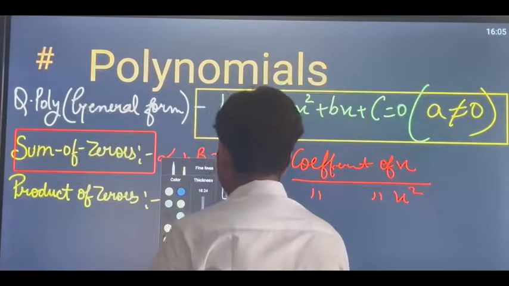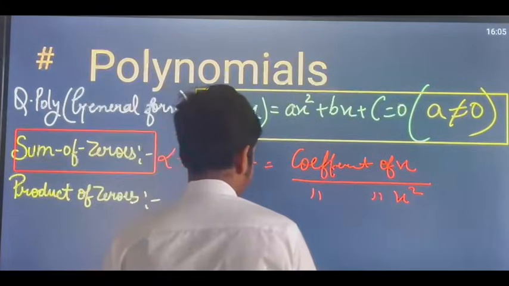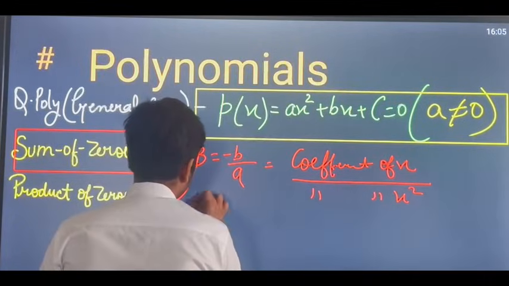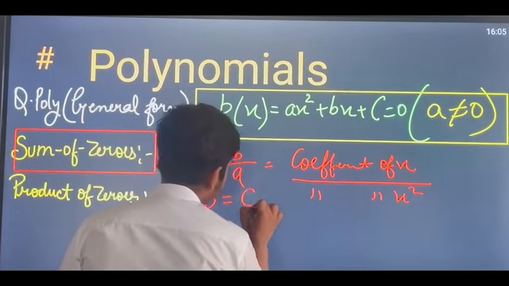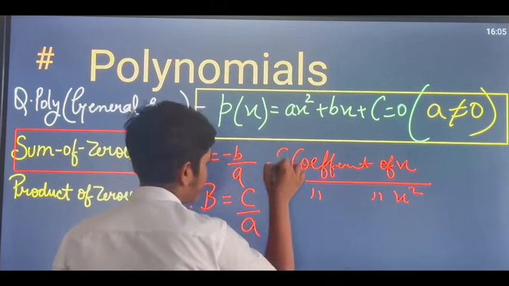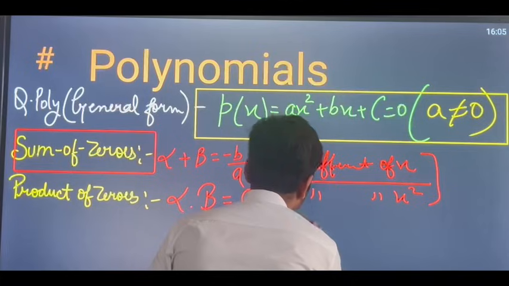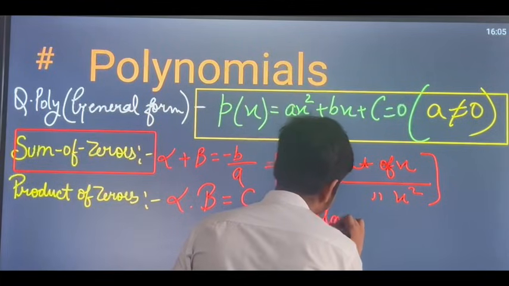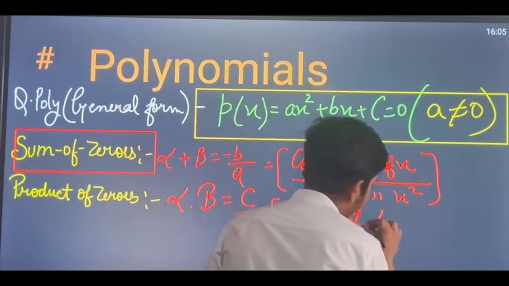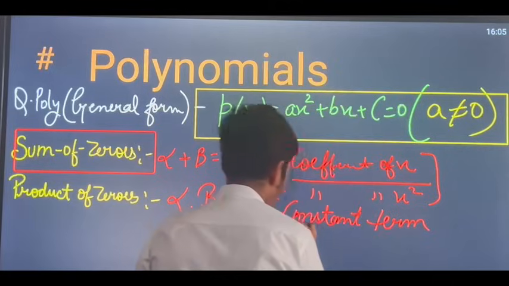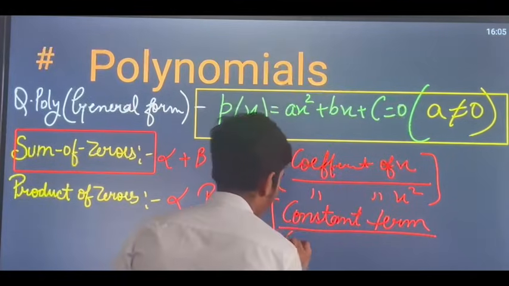In the product, alpha beta is equal to c upon a, that is, constant term upon coefficient of x square.